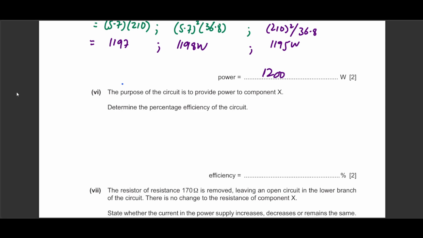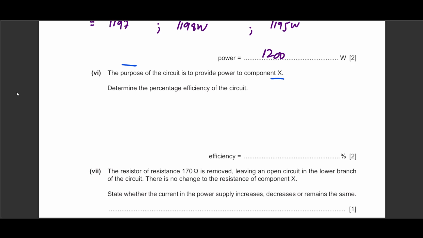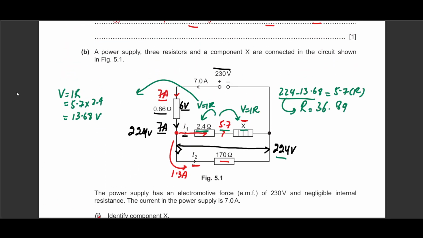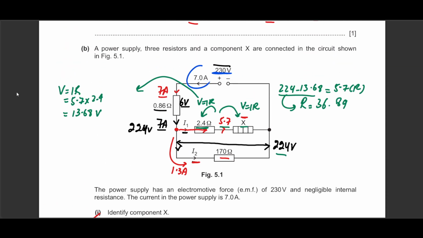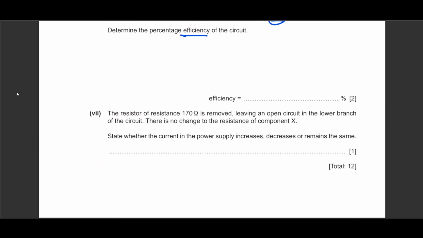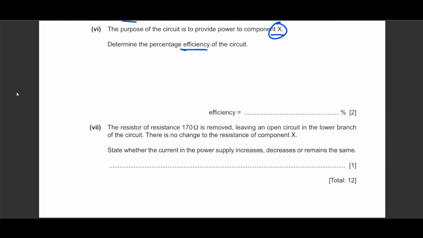The purpose of the circuit is to provide power to component X. Determine the efficiency. You see, the whole circuit was designed to power X. How much power is X receiving? Actually, it's 1200. How much power is the circuit actually developing? That is going to be 230 multiplied by the current it is supposed to provide. So the useful output is for the heater, which is 1200.